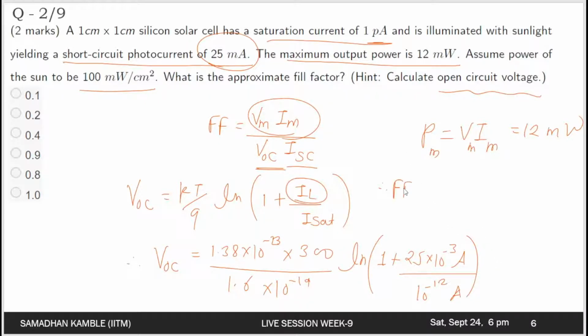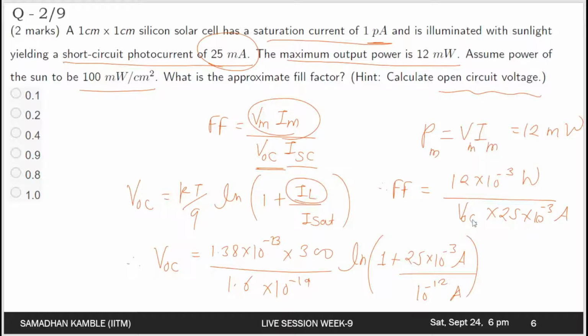So the fill factor is Pm, that is 12 milliwatt, so 12 times 10 to the power minus 3 watt, divided by VOC, which is this computed value, times ISC. ISC is 25 milliamp, that is 25 times 10 to the power minus 3 amp.